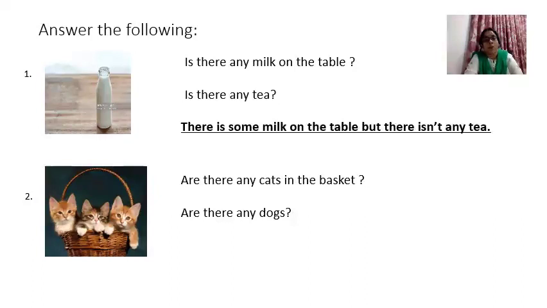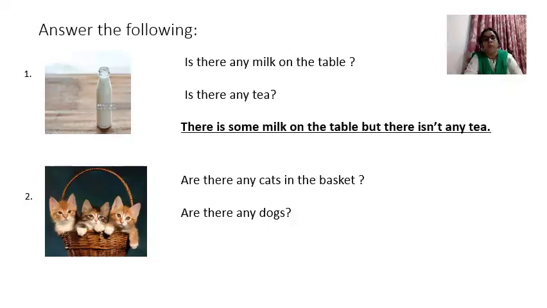What is the key word? Yes, but. But is the key word. You have to use but to answer both the questions in one sentence. There are some cats in the basket, but there aren't any dogs.